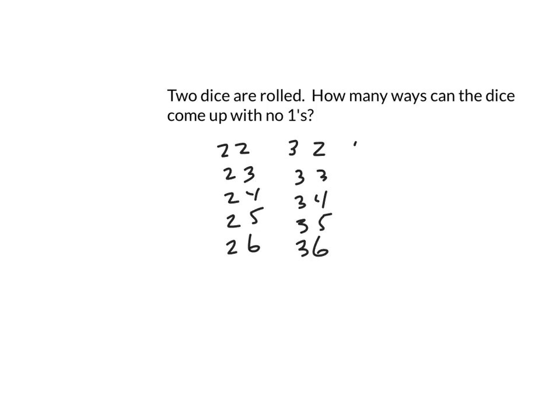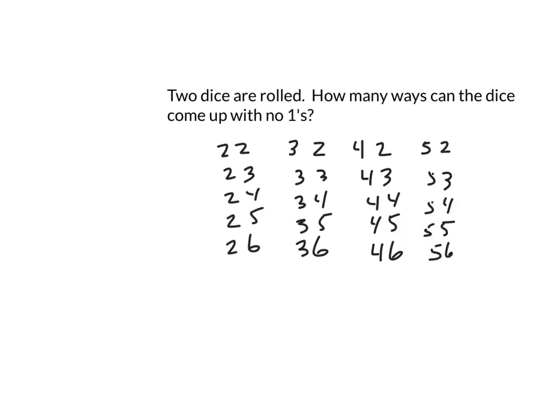Or 4 on the first, 4-2, 4-3, 4-4, 4-5, 4-6. Or 5-2, 3, 4, 5, 6. Or 6-2, 3, 4, 5, 6.